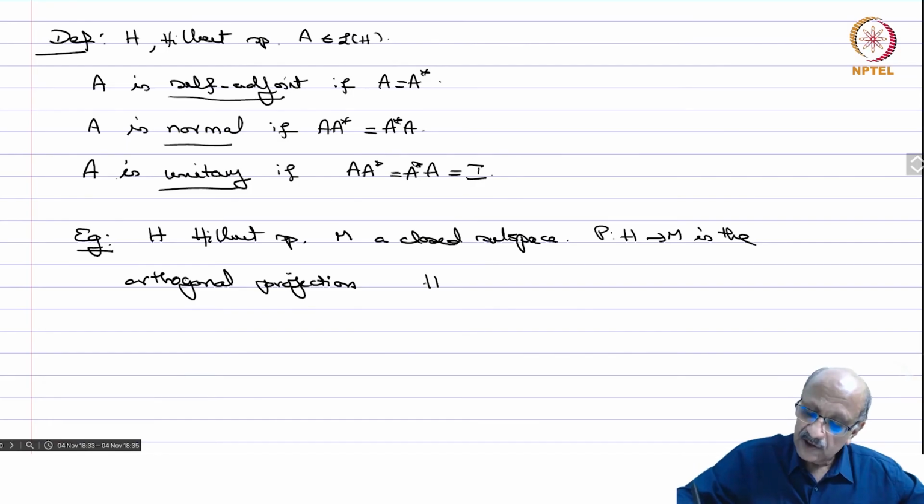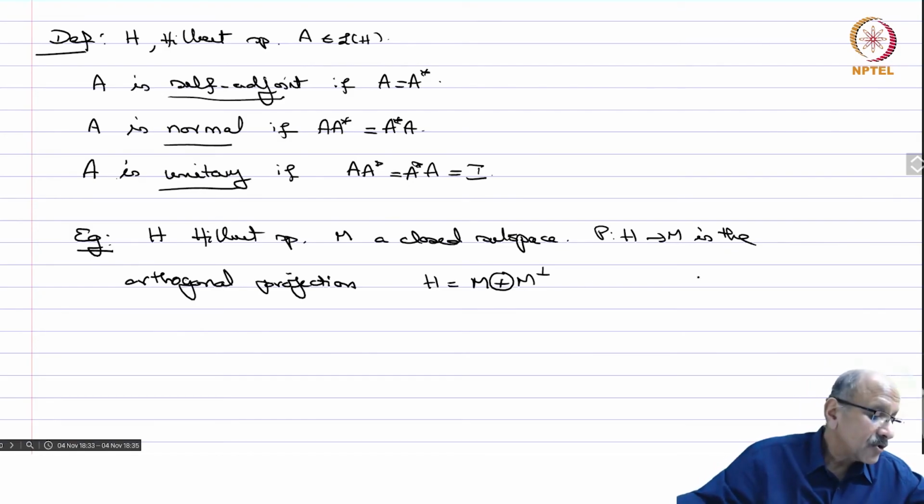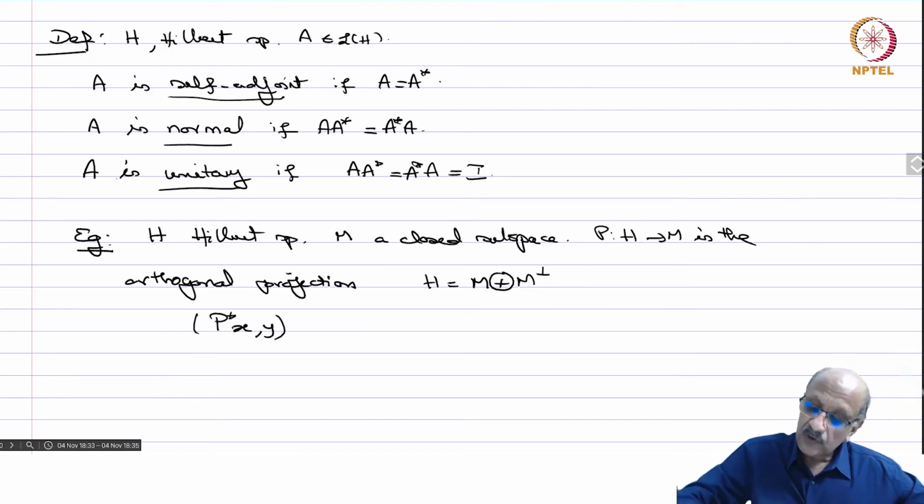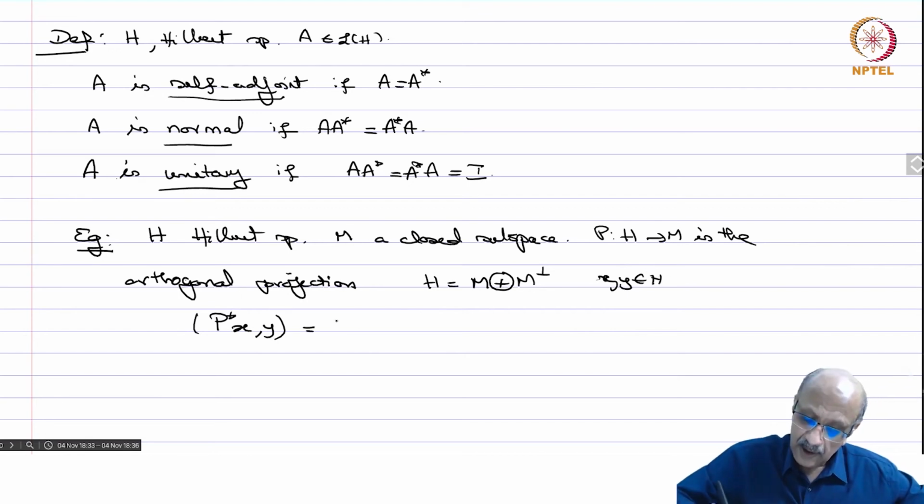So that means H is written as the direct sum M direct sum M perp, and then P from H to M is the orthogonal projection. Now if you have P star x, y, so if x, y belong to H, this is nothing but x, Py.